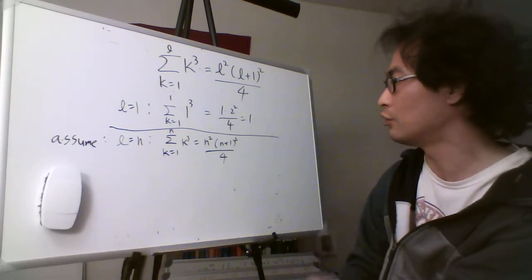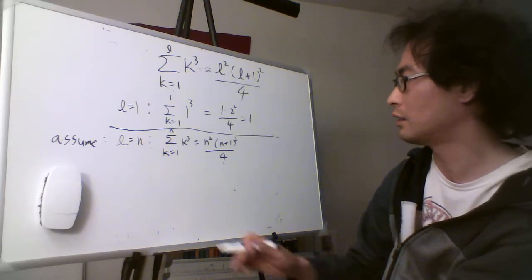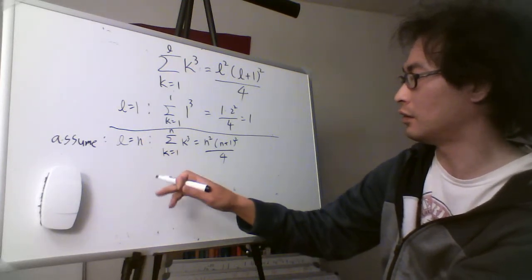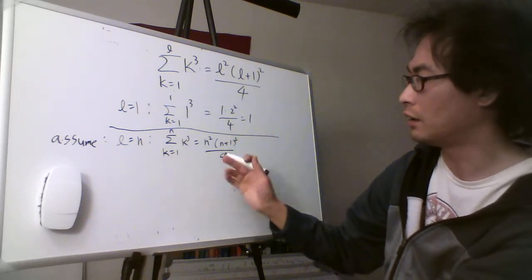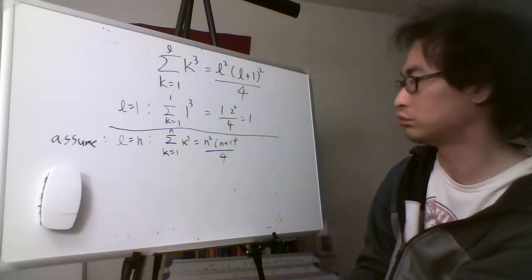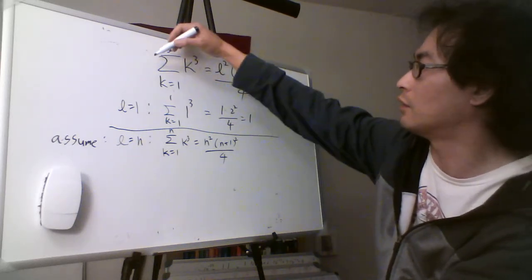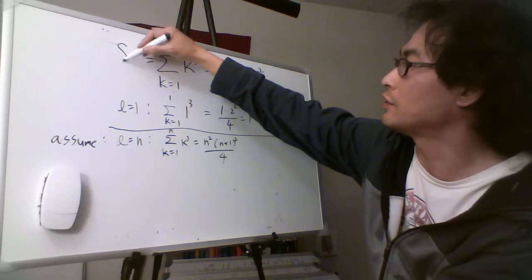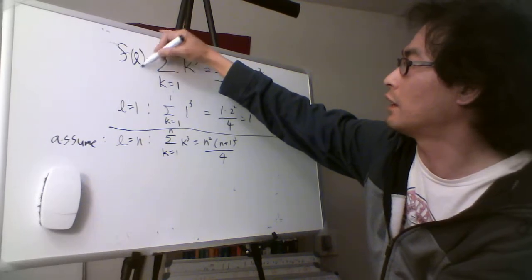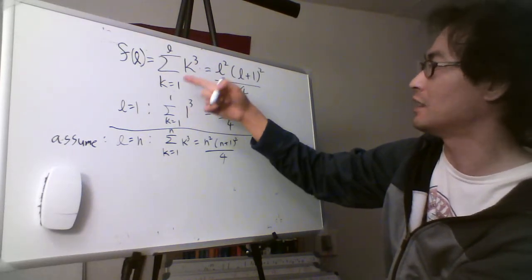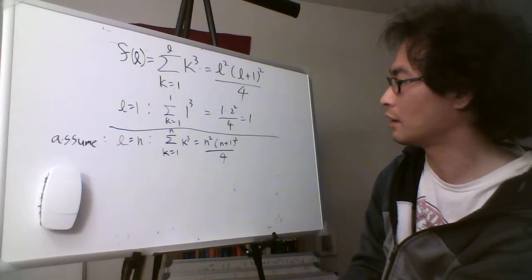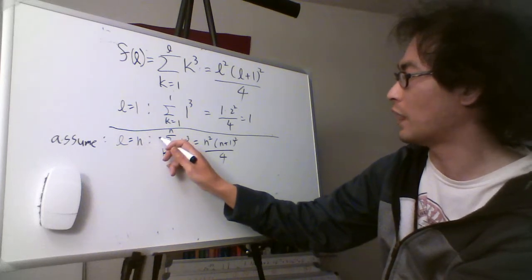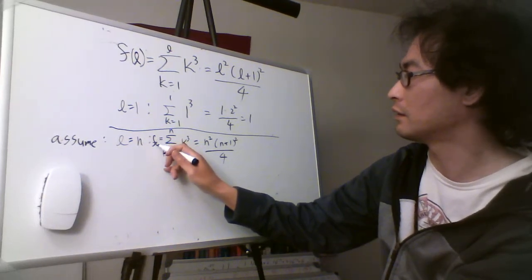Then we should prove from here, okay? Let's say this is F of L, function of L. K is a dummy sigma variable. So this is equal to Fn, alright?